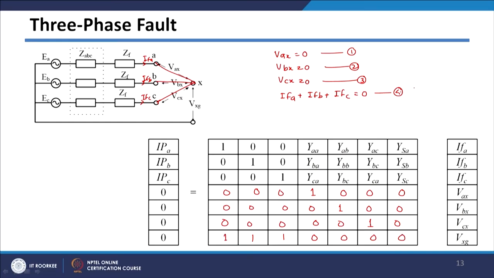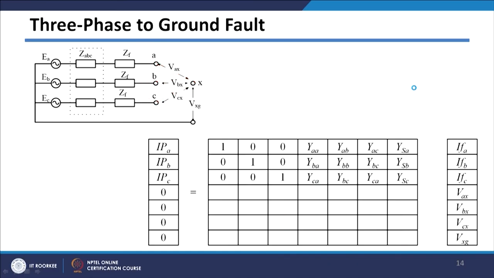So, this is how we can get it for 3-phase fault. And similar case, if there is 3-phase to ground fault, then all these 3 voltages are getting short circuited. So, in this case we can say Vax is equal to 0, Vbx is equal to 0, Vcx is equal to 0 and VxG is equal to 0. So, in this case there will be 1 1 1 entry, and all other entries will be 0.